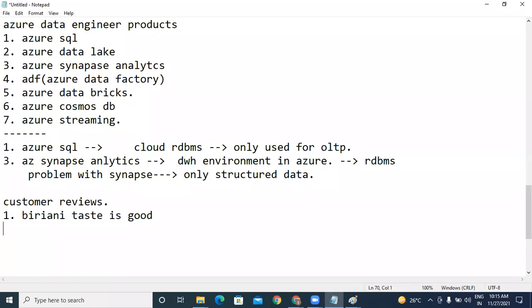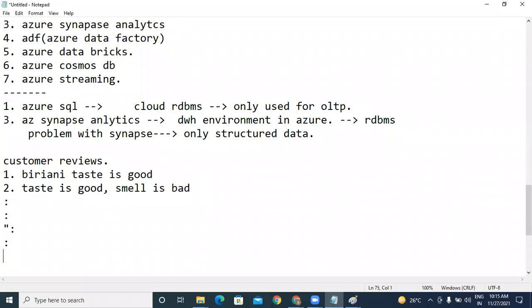It is positive. The second customer is saying something good, something bad, but finally there is more negativity. In this way, if there are 1,000 customers, they have commented in their own different styles.